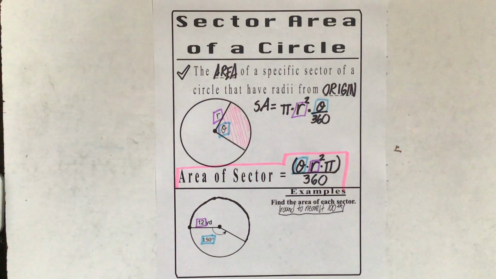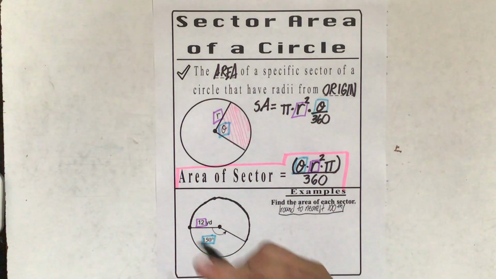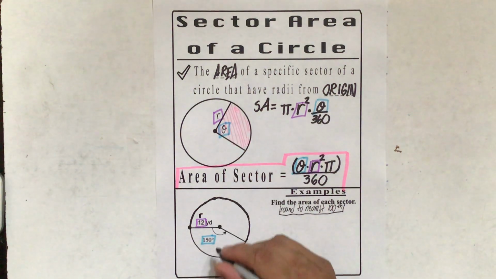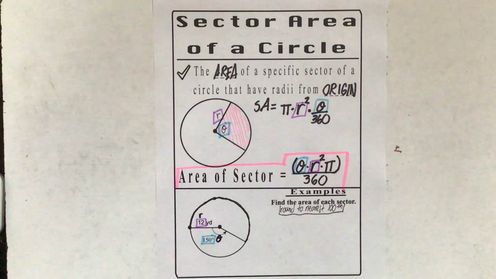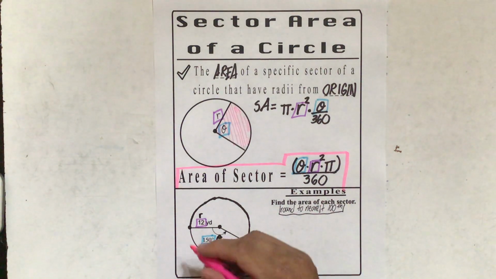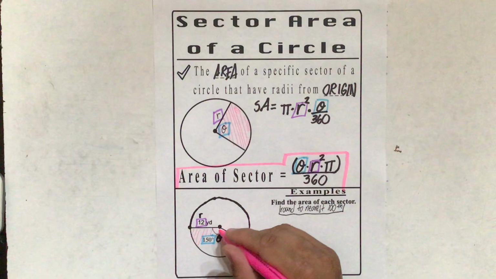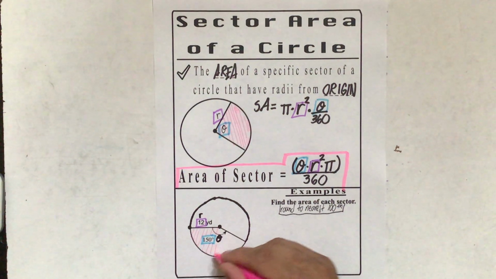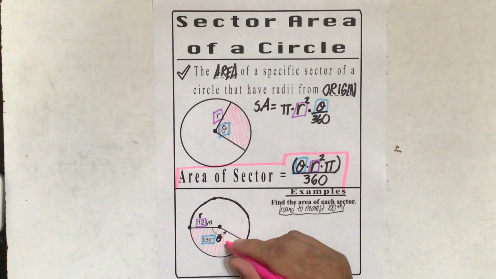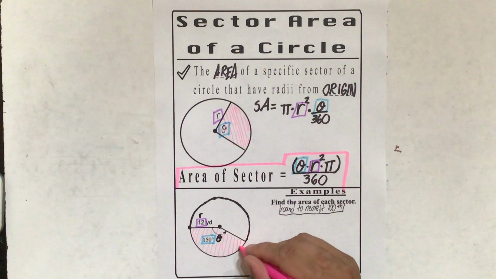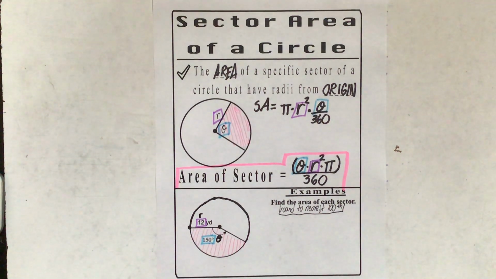That's 150 degrees, right? So this is my R, and this is my theta. Now I want to know the area of this sector, or this piece of pizza slice, which is a big one, right? So how much space is this pizza slice taking up right here?